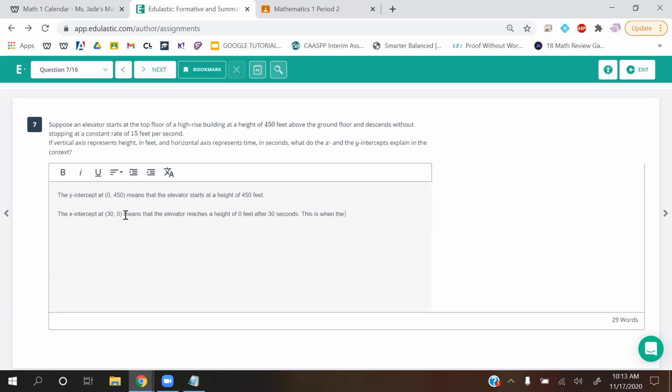This is when the elevator touches the floor. If the height of the elevator is at 0 feet, that means the elevator is back on the floor. So at 30, 0, the elevator is now on the ground. Are there any questions on this one?